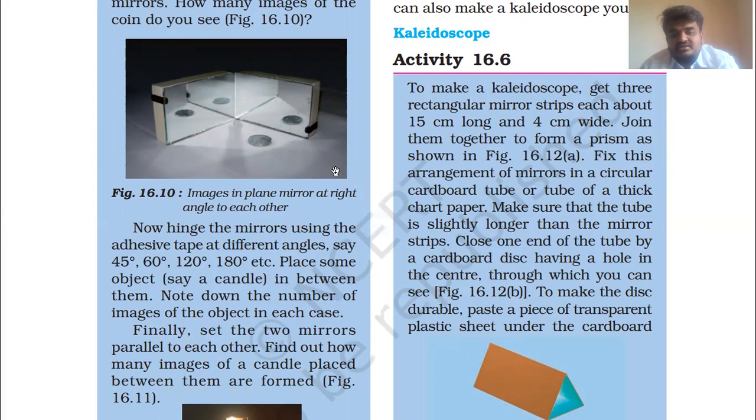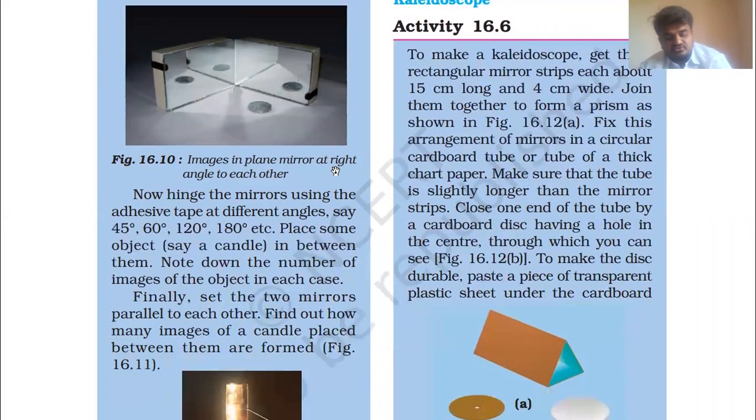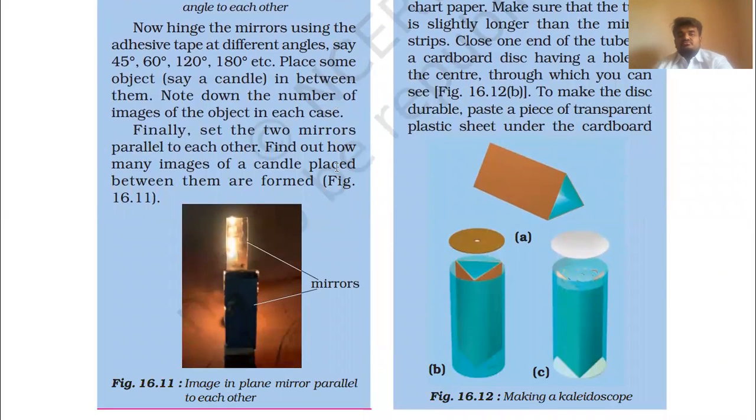Place some object, say a candle, between them. Note down the number of images of the object in each case. If you have two to three or five, let's say 4 or 5 mirrors, then you can do this activity very easily.